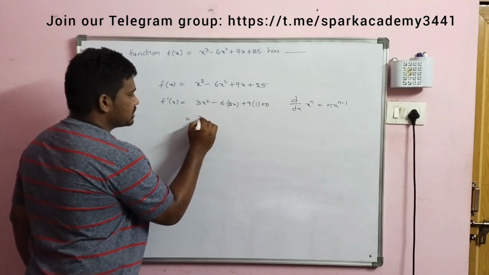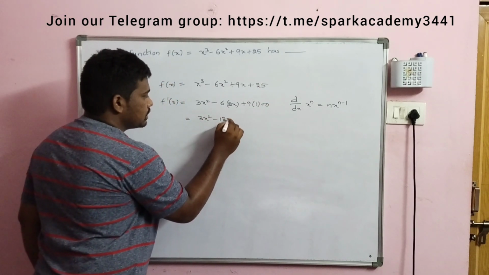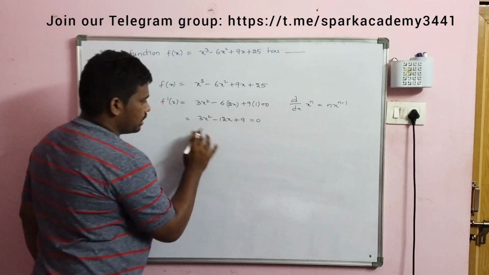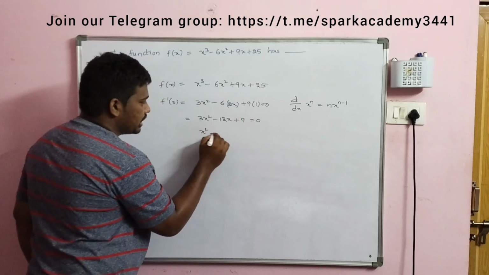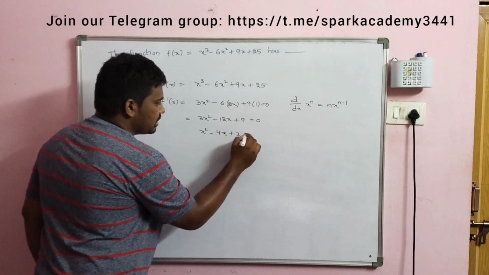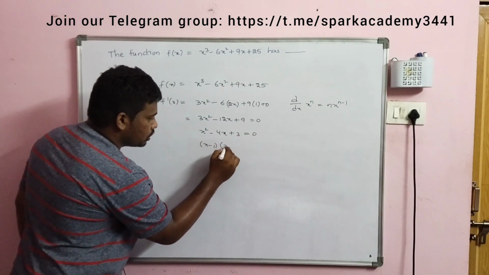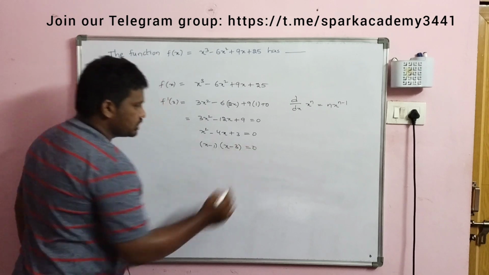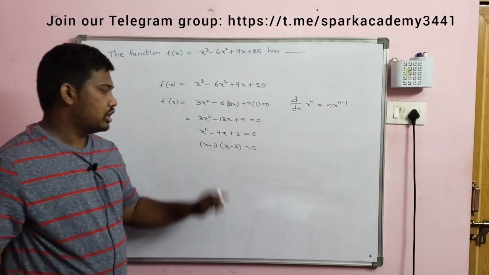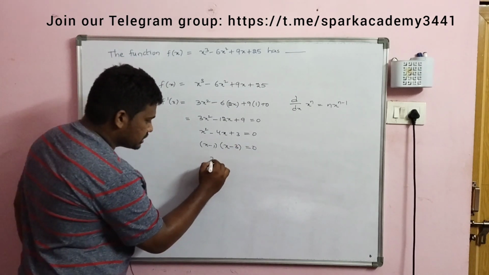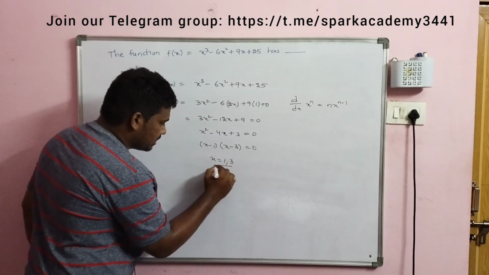Now 3x square minus 12x plus 9 equal to 0. I will take 3 as common. x square minus 4x plus 3 equal to 0. If we factorize this, it will become x minus 1 into x minus 3 equal to 0, right? So we got 2 points here, which are x equal to 1 and 3, right?